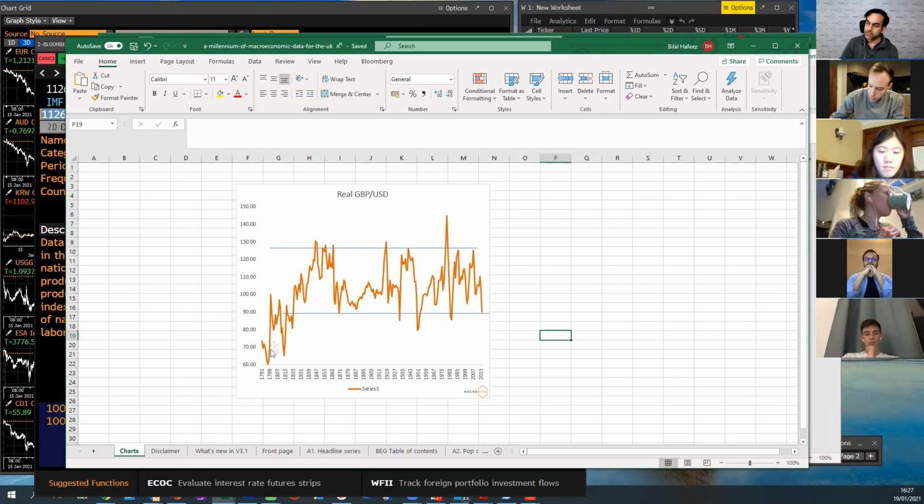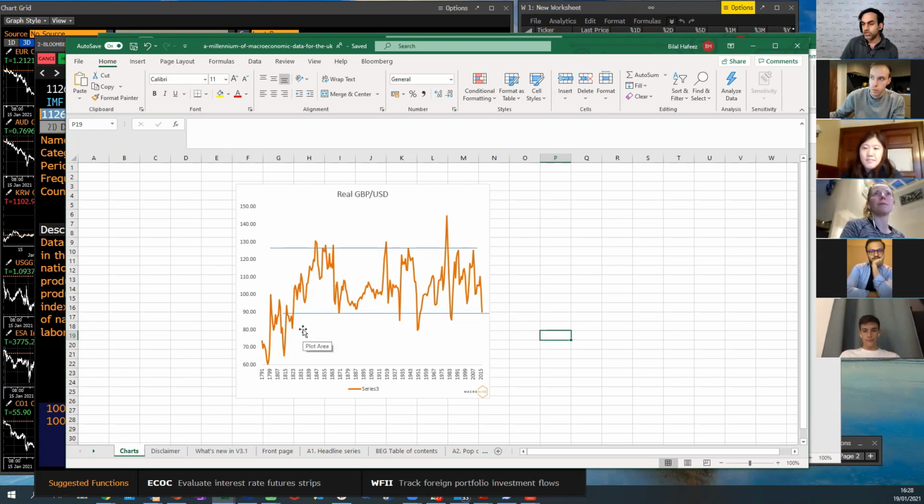So that means that if you go from here to here, you would have thought the currency has become a lot more expensive, but if productivity in the UK has gone up, then actually it's not expensive anymore. It's just the fact that productivity has gone up. So it's important to know, is a country's productivity dramatically going up compared to another country or not?